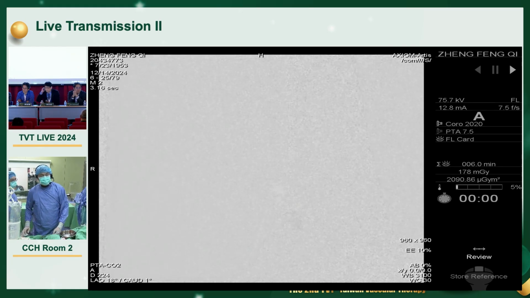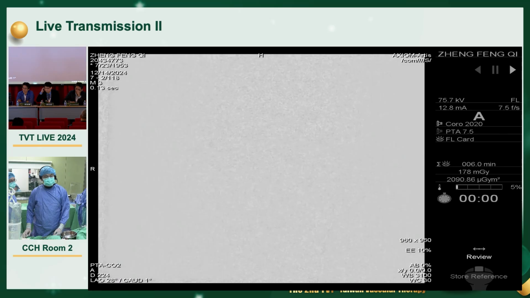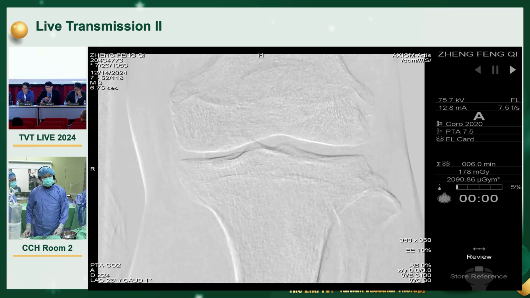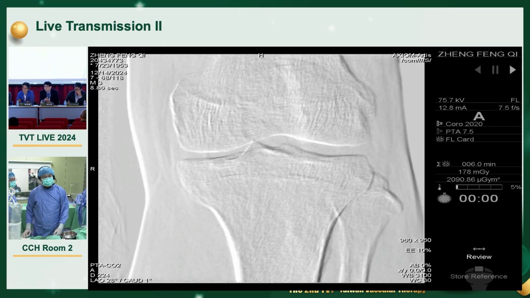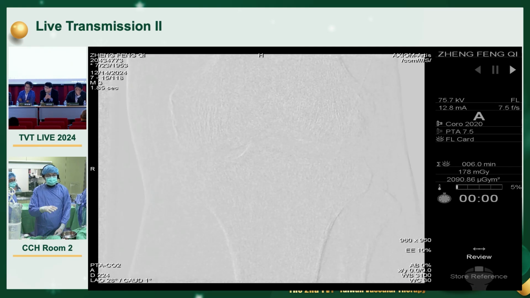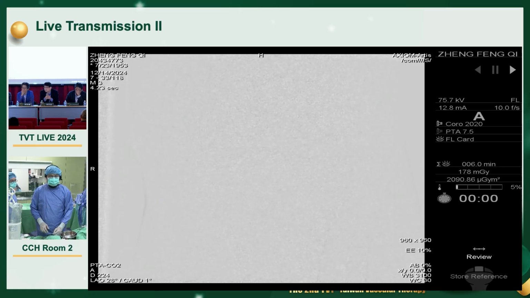We did not open the lesion now, so the angiography is not so clear.